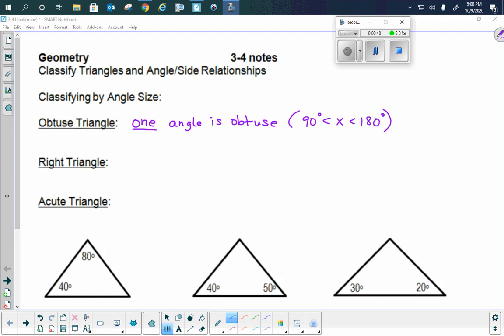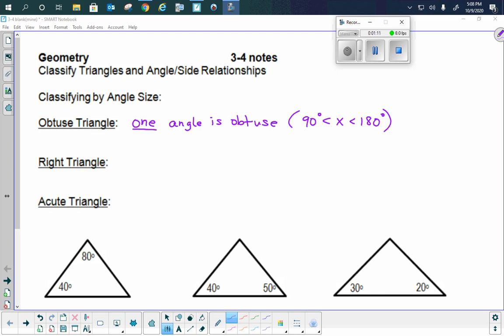Now, hopefully that makes logical sense. Think about two angles. Could you ever have two obtuse angles in a triangle? Well, if I just add like 91 and 91, isn't that already over 180? Okay, so that's why it has to be one.